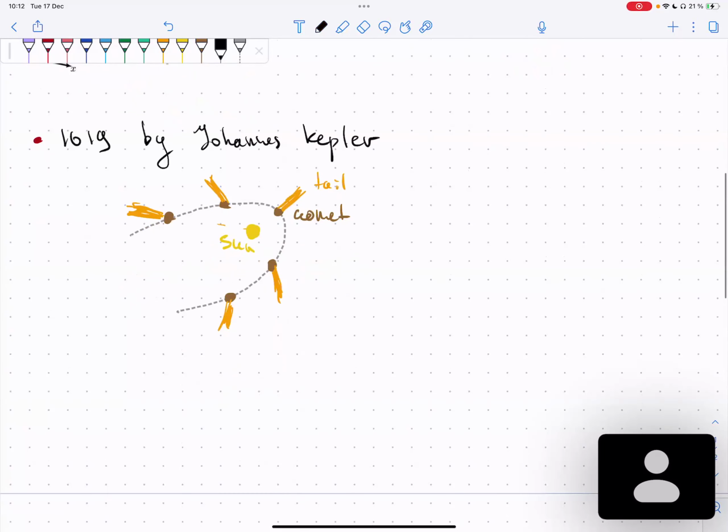This happens because the sun has some flux of photons, some photon wind, if you will. And this flux of photons pushes on the tail of the comet, and this is why the tail of the comet is always pointing in the direction opposite to the sun.